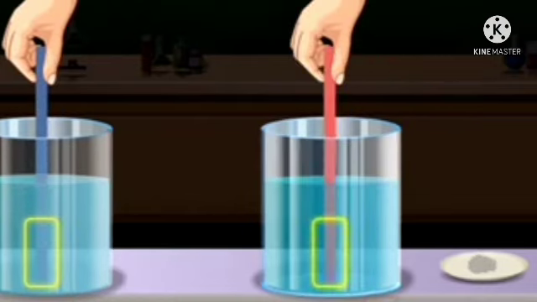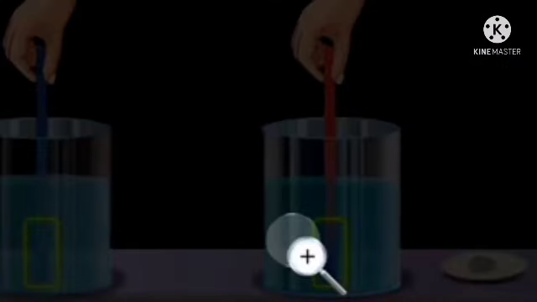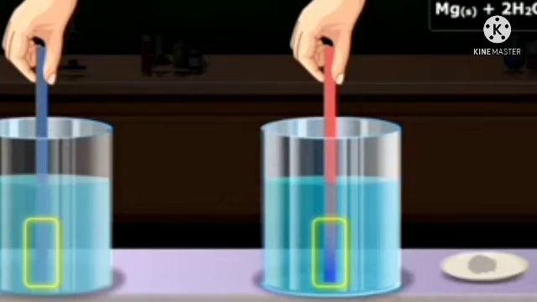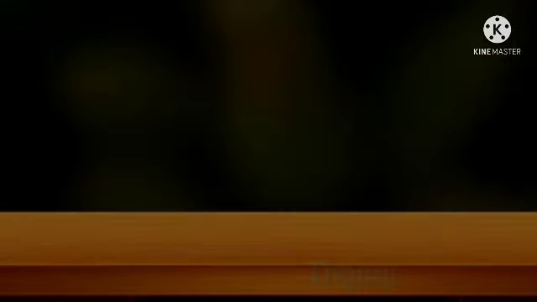That is why red litmus paper turns into blue litmus paper, that is the basic nature. Magnesium plus water gives magnesium hydroxide, and hydrogen gas is evolved. Similarly, oxides of potassium and sodium when dissolved in water form potassium hydroxide and sodium hydroxide.